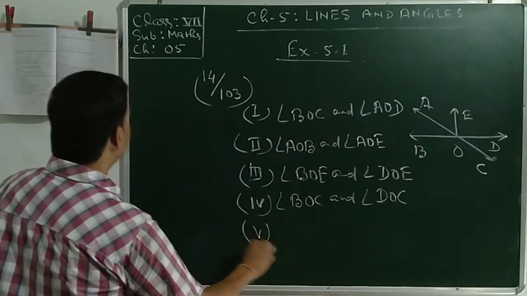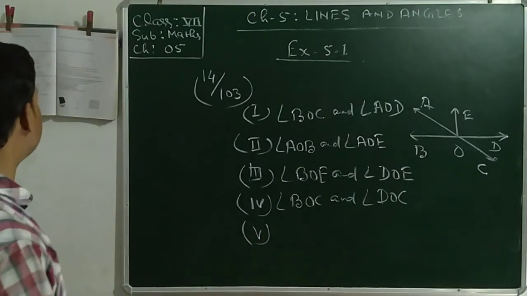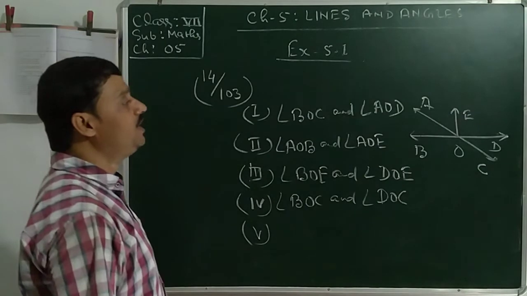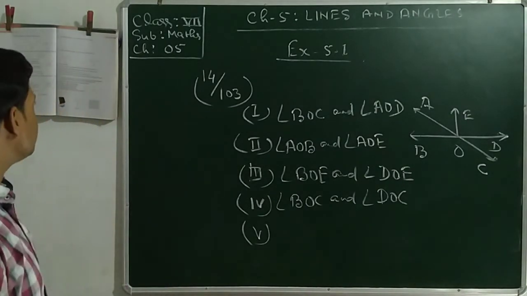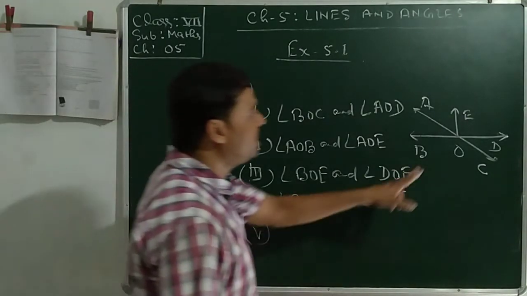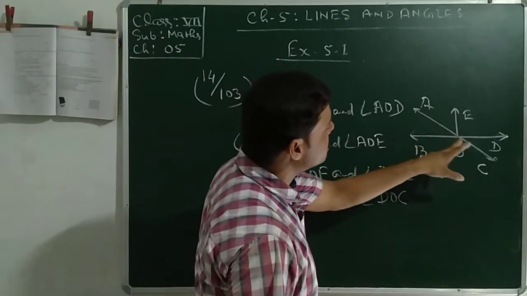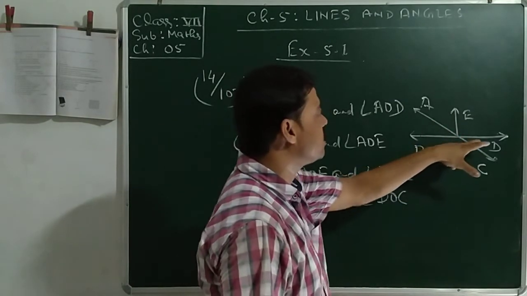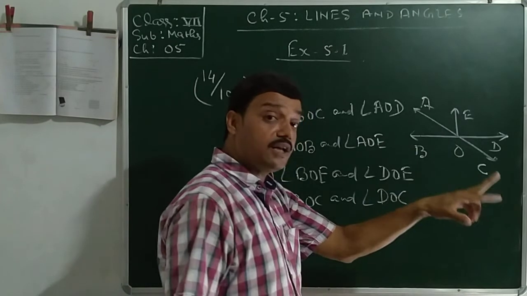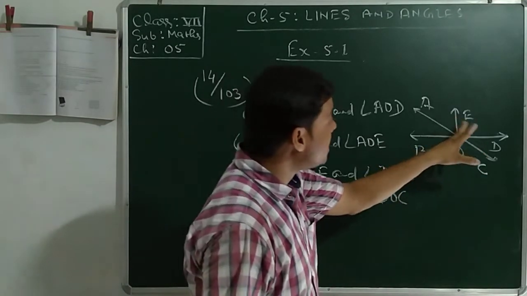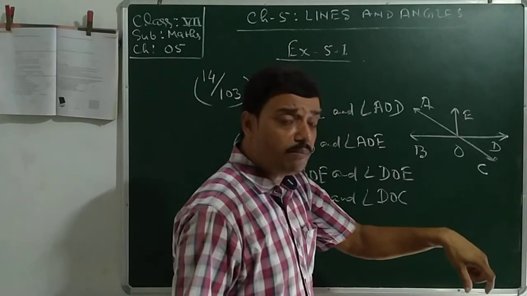Now fifth part, adjacent angles that do not form a linear pair. These are also adjacent angles but forming a linear pair. These are the adjacent angles. They do not form a linear pair.